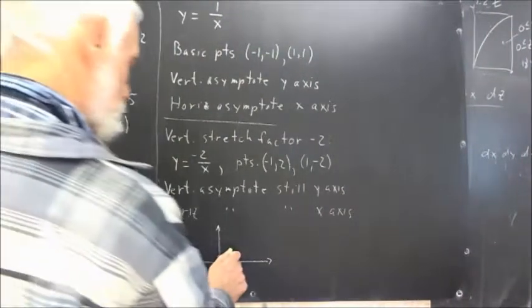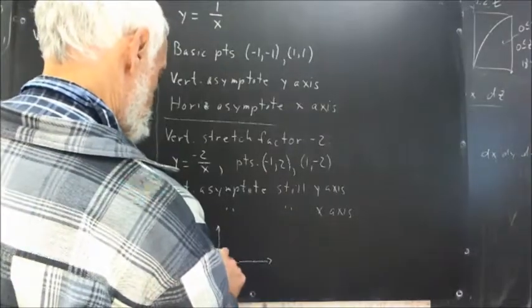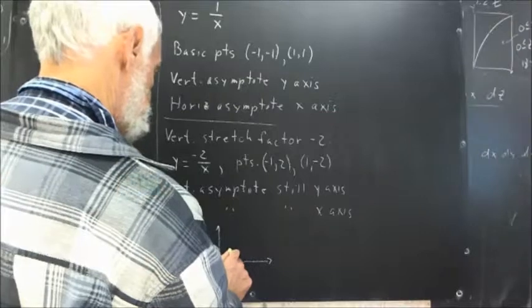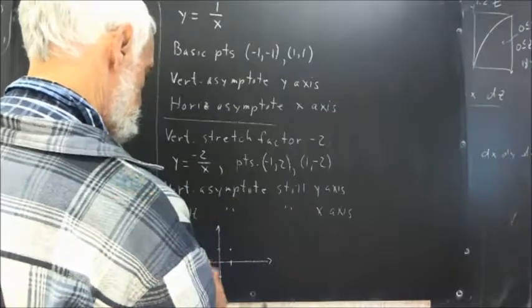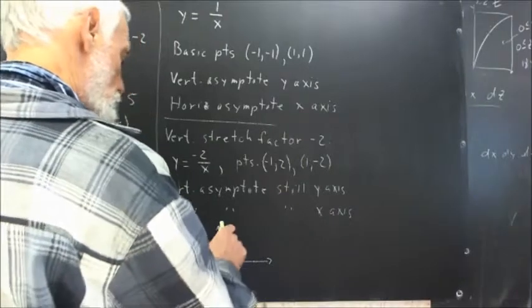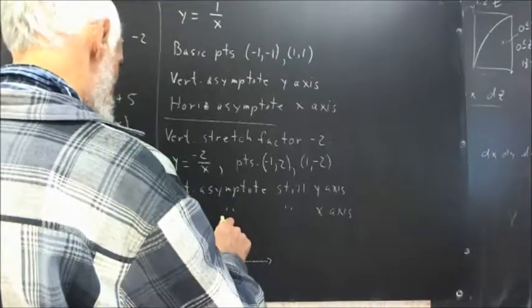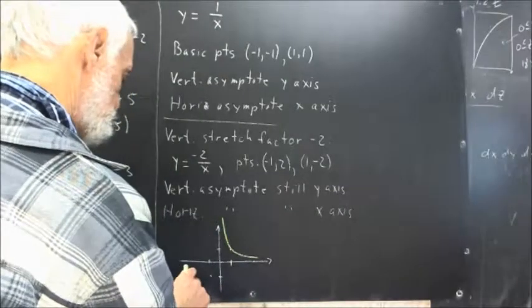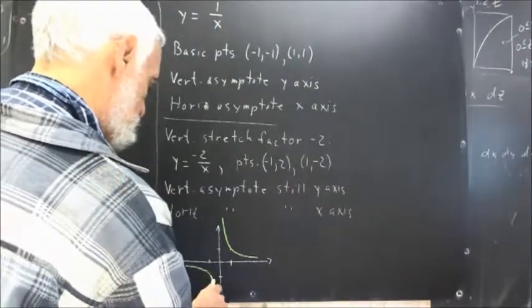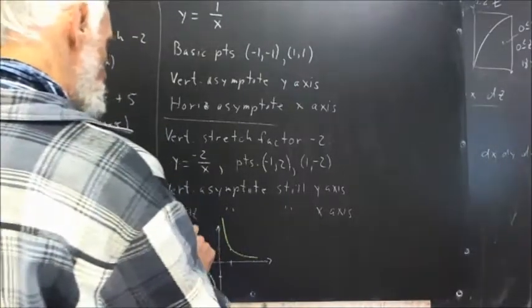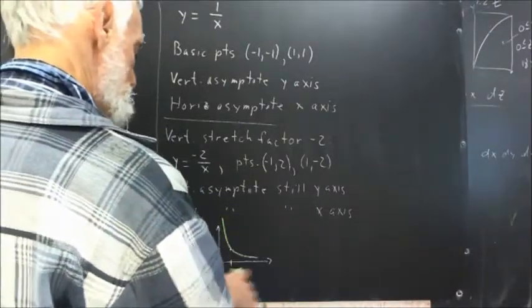Now let me use a different color here to mark our unit points for the graph of y equals 1 over x. Okay, so here's our graph of y equals 1 over x.